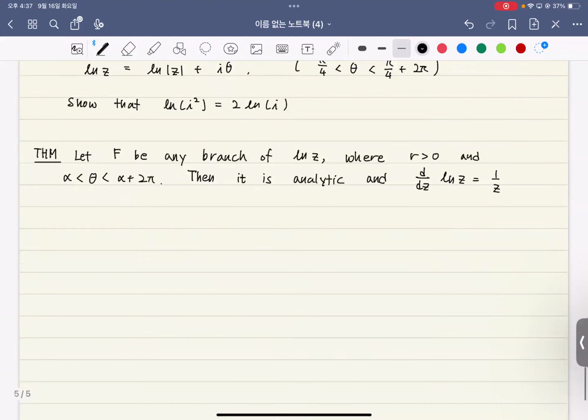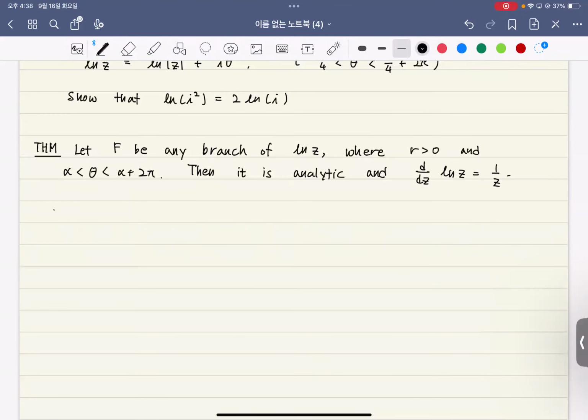So what is the derivative? Since the natural log function is so very well understood only by using polar coordinates, please allow me to use polar coordinates in the proof of this statement.